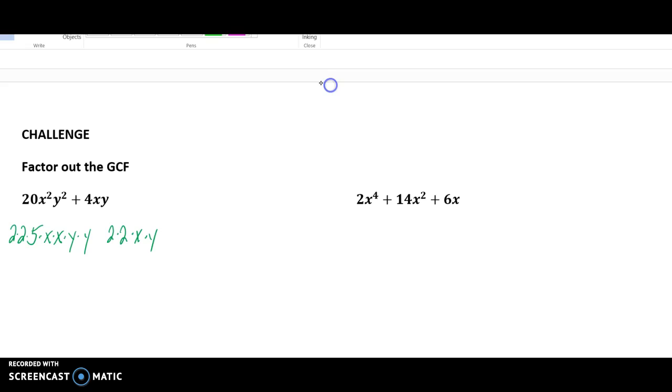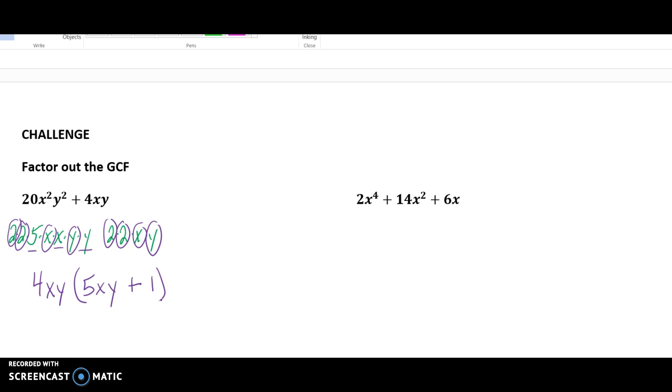Our common factors are 2 from each, another 2, one of the x's, and one of the y's. Okay, so 2 times 2 times x times y is 4xy. The GCF is 4xy. Then we have a 5 times x, y, and this is that one. For the first term, plus nothing left over here. All of my factors are used, so I put a 1 in place there.